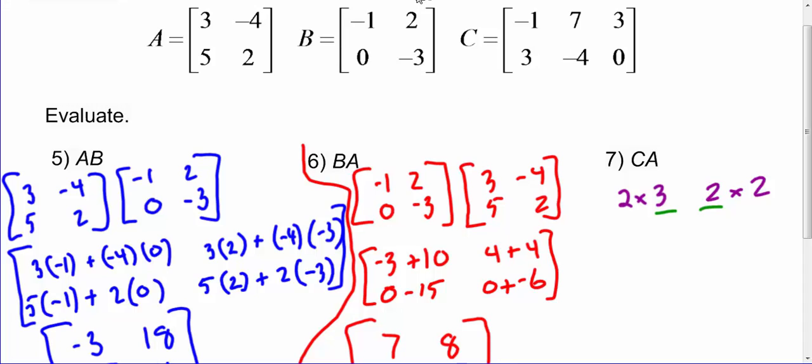They're not the same, so we would just put not possible or not defined would be a reasonable way to explain that, but you can't do C times A. Interestingly enough, we could do A times C. If you switch those around, it would work and it would give us a 2 by 3 matrix. But C times A, not possible.